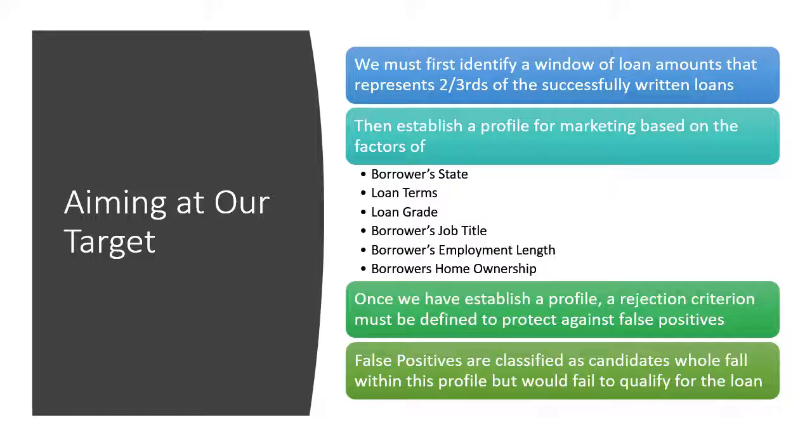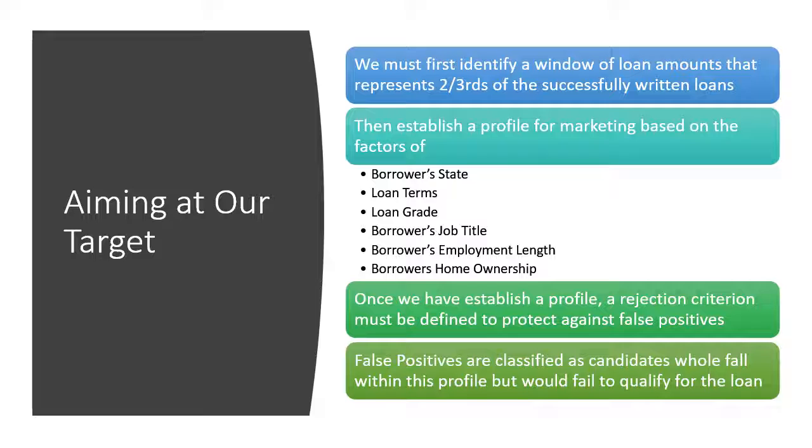We'll be addressing the borrower's state of residence, the term of the loan that they were written for, the grade of the loan that they were written for, the job title of the borrower, the employment length of the borrower in their current job, the home ownership status of the borrower, whether they rent, mortgage, own the house outright, or some other factor.